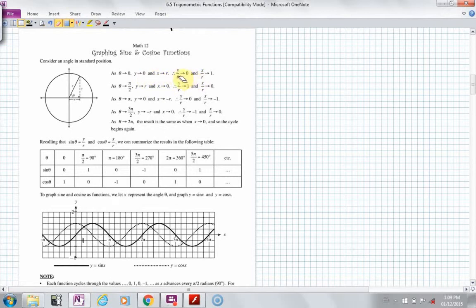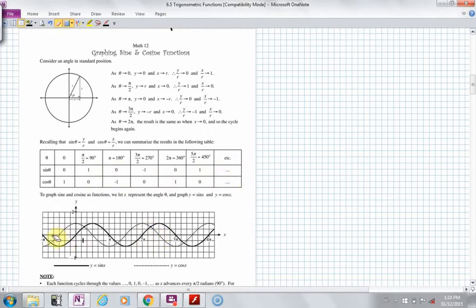So y over r, which is sine, is 0, and x over r, which is cosine, is 1, and so on. And then we're going to pi over 2, pi, 3 pi by 2, 2 pi, and so on. So they're generating this table down here by just rotating around the circle for these different values and calculating sine and cosine for these different values. And then the table is allowing them to graph y equals sine x and y equals cos x.